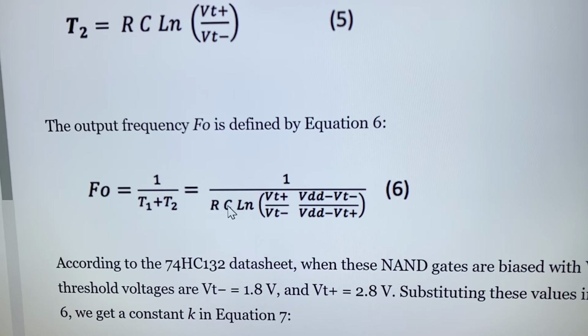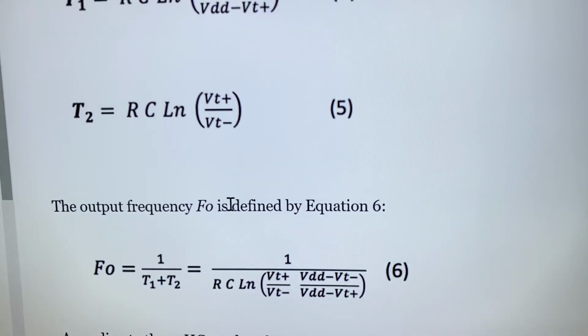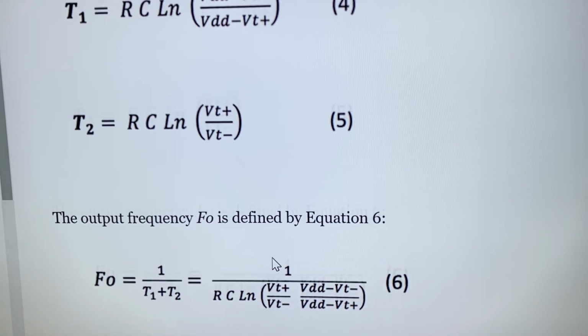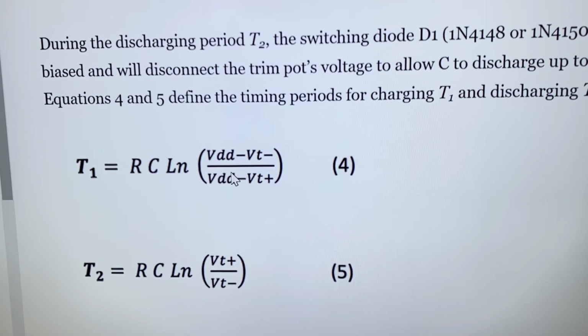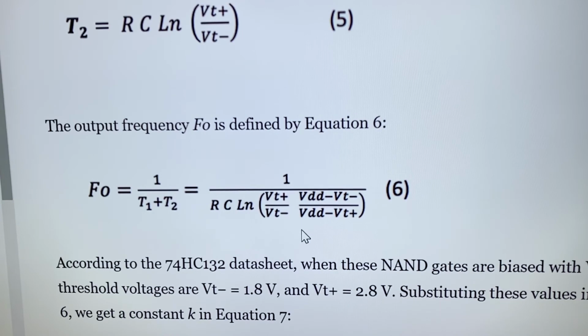So by applying logarithmic terms, we convert the sum into a product. That's why RC ln A plus RC ln B is RC ln of A times B. So we do the product of this term by the product of this term. And this is a classical equation everybody uses in an oscillator, but now we don't have the delay T0.